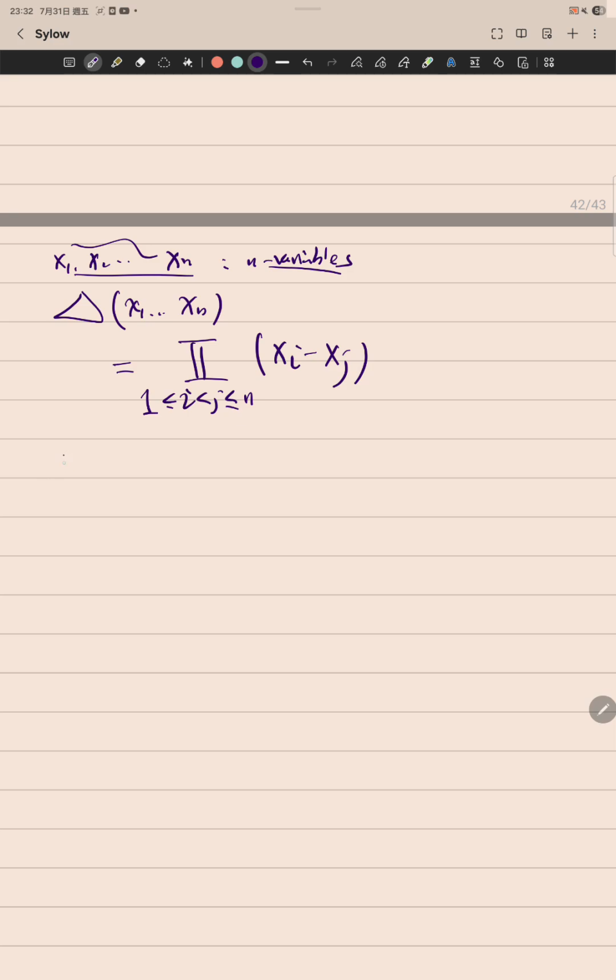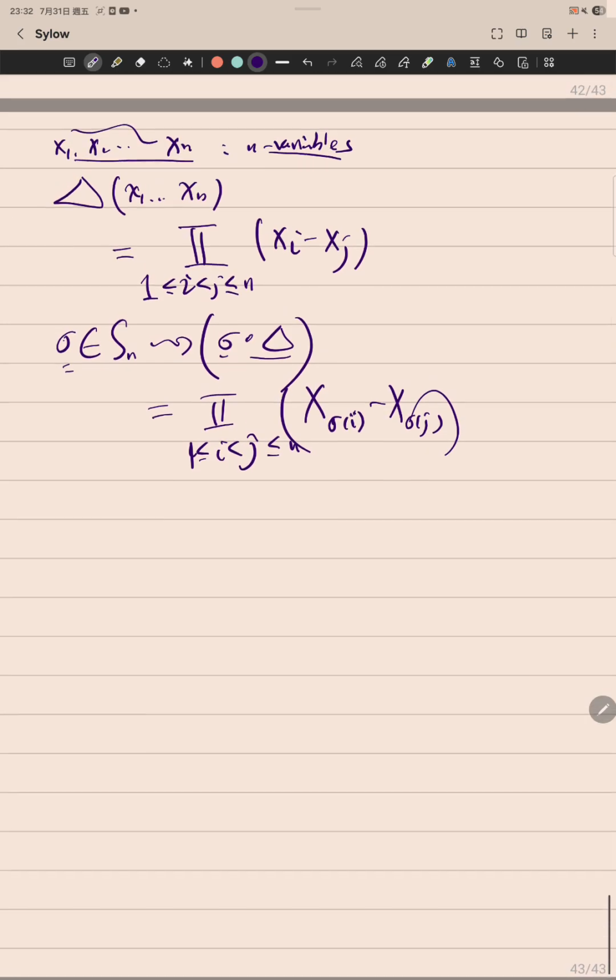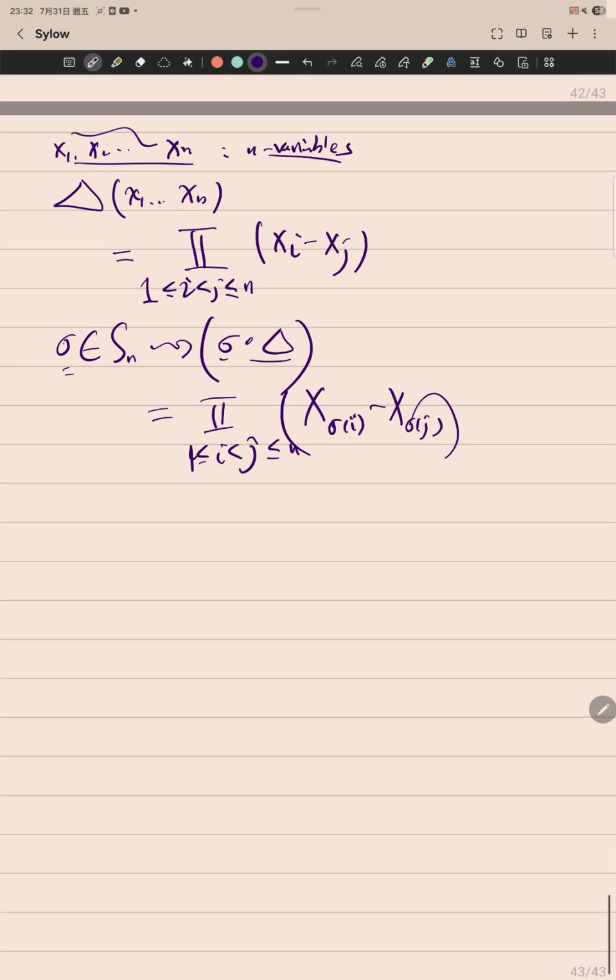Any element sigma in Sn, I can define sigma to permute this polynomial by just permuting the variables, so I use x sigma(i) and x sigma(j).